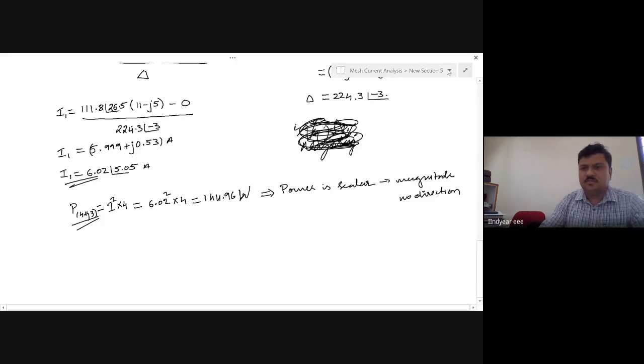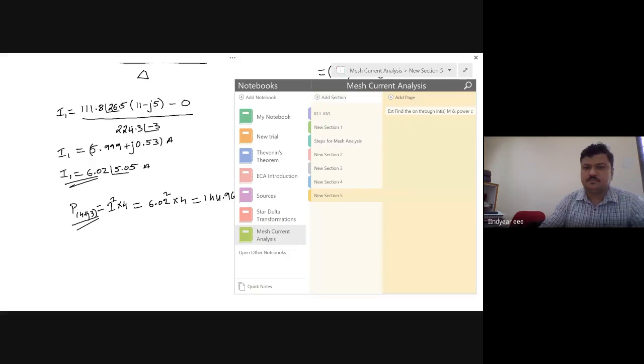We will take another example. Now we will solve the example in a reverse way, like I told in the previous class. If I have the equations, I should get the circuit.